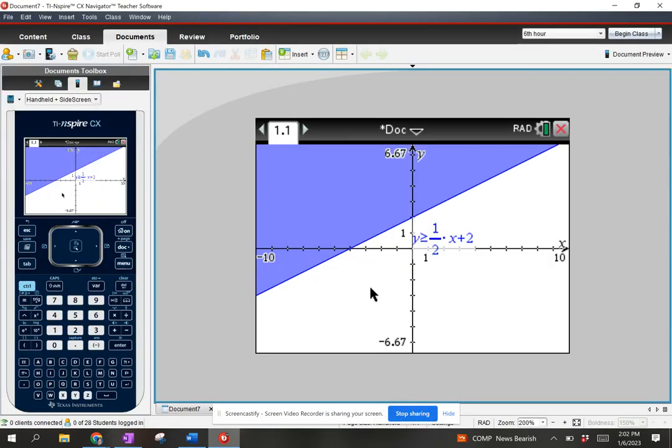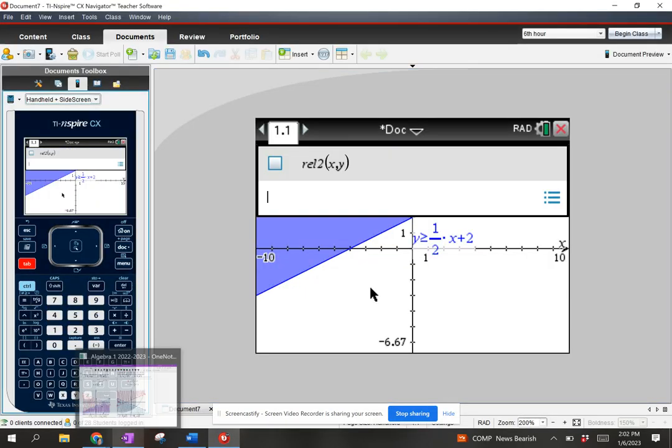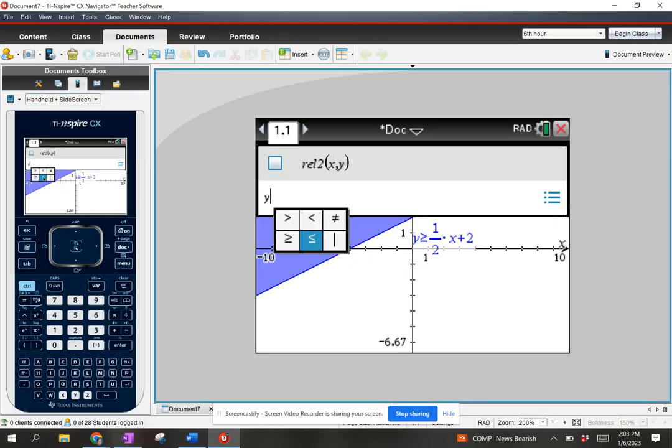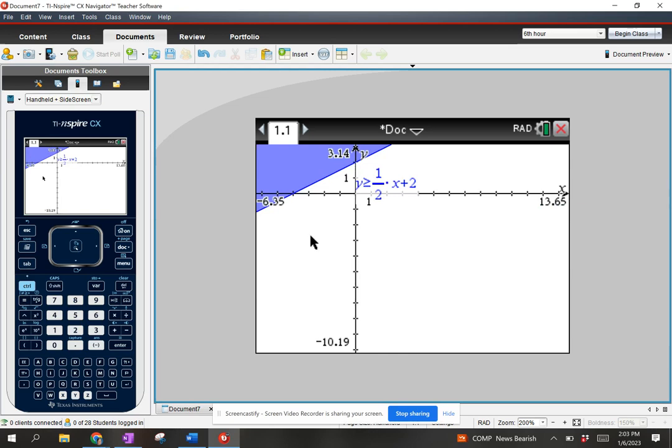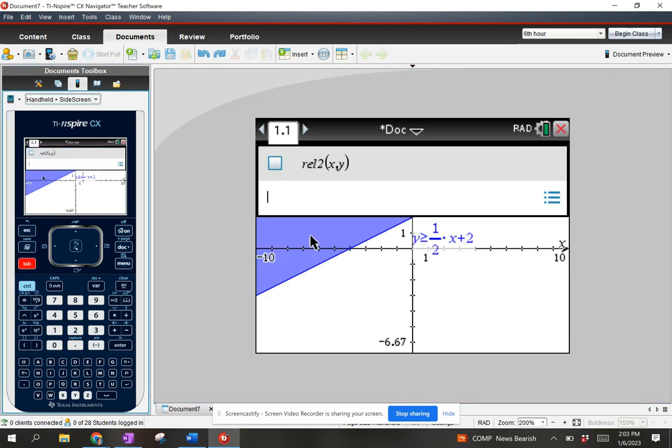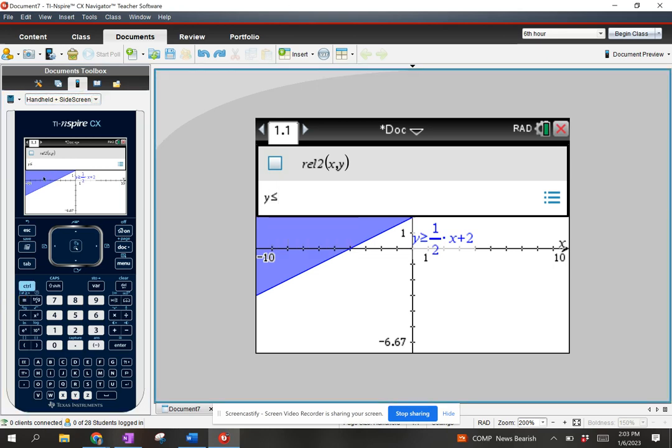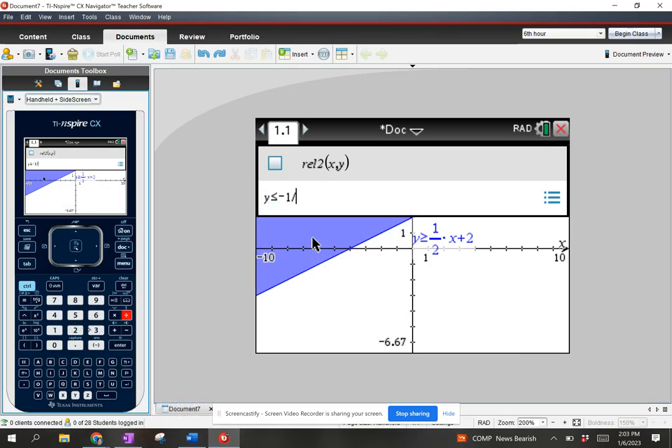Now the next one, hit tab, and then it says y is less than or equal to -1/2 x minus 2.